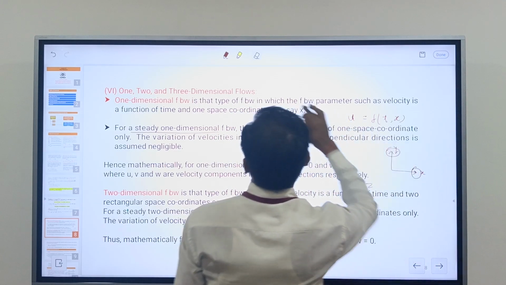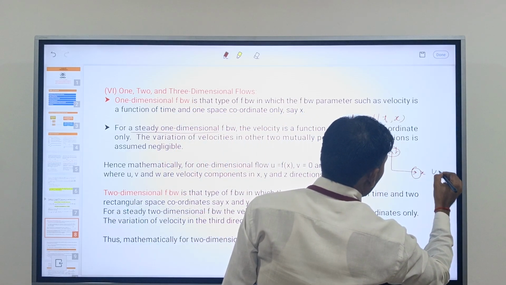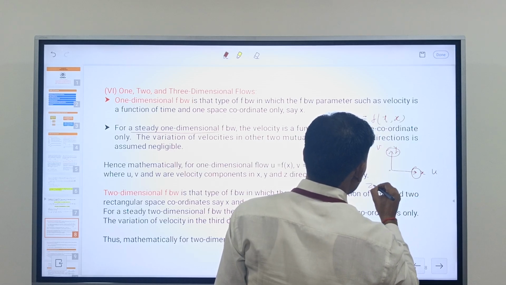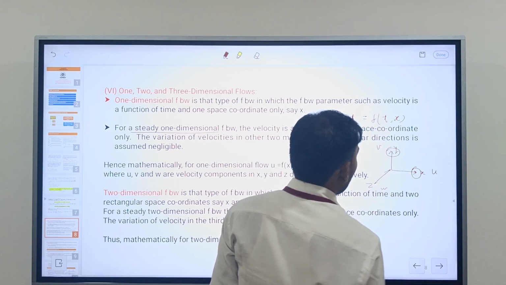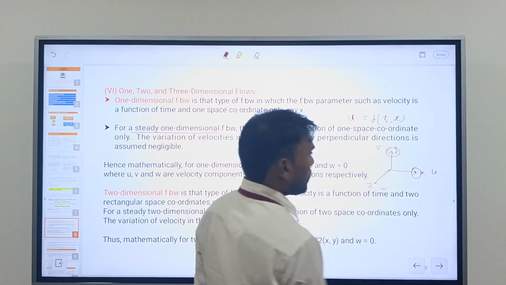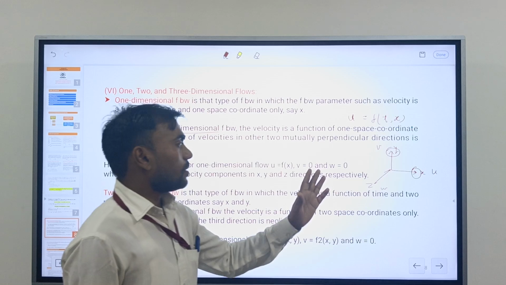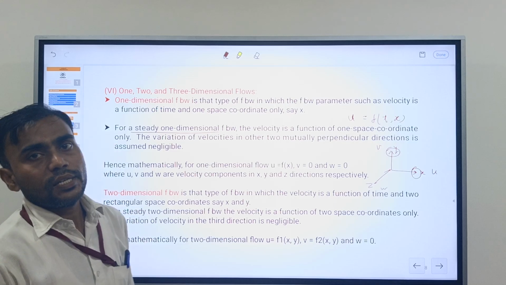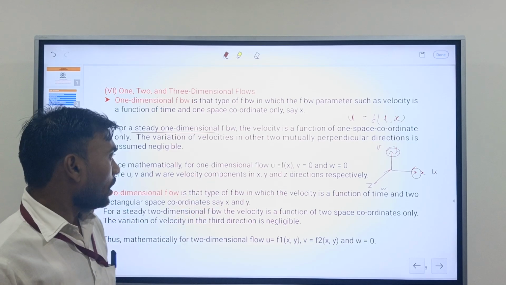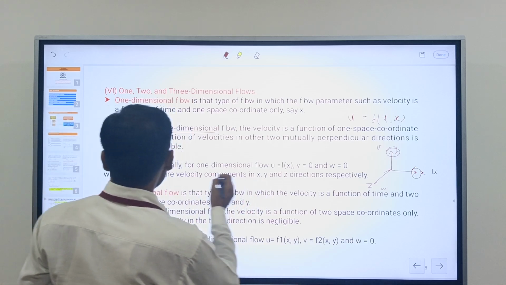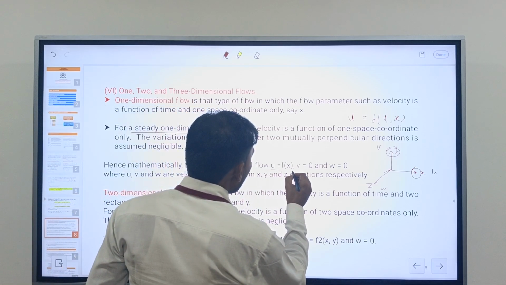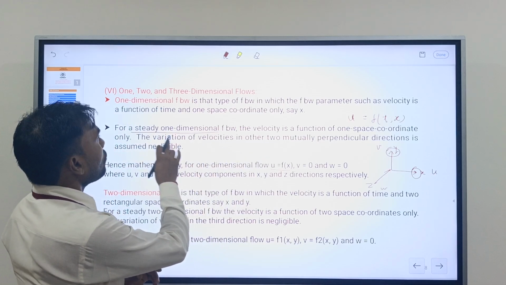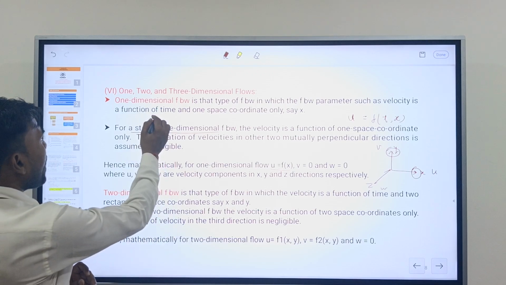So mathematically you can represent it as u is a function of x, that is the one space coordinate, and it is also a function of time.